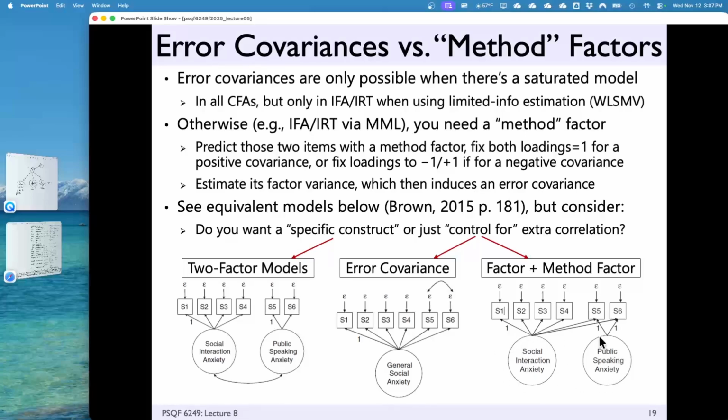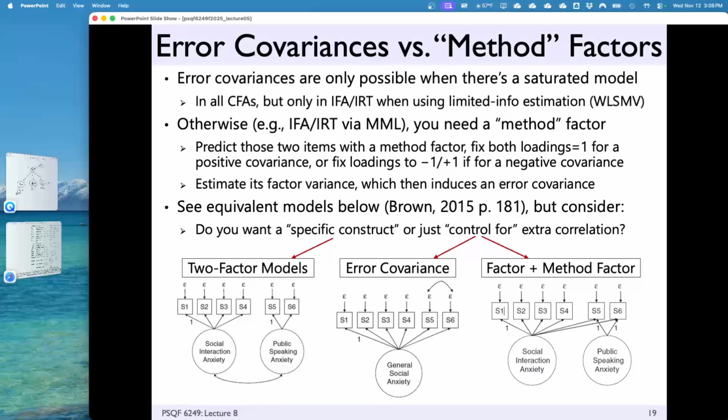It is uncorrelated with public speaking anxiety by definition in this case. Public speaking anxiety controls for the presence of public speaking on these items, thereby making the remainder social interaction anxiety. Basically it's the idea of omitted variable bias in regression, which I was speaking about in an earlier part today.